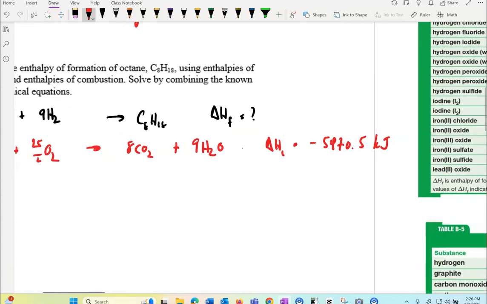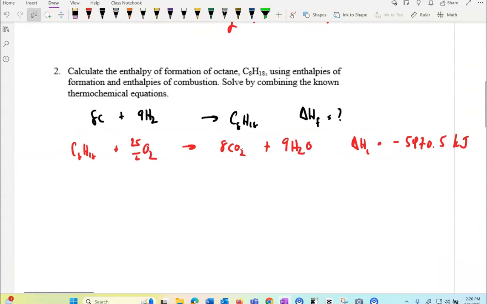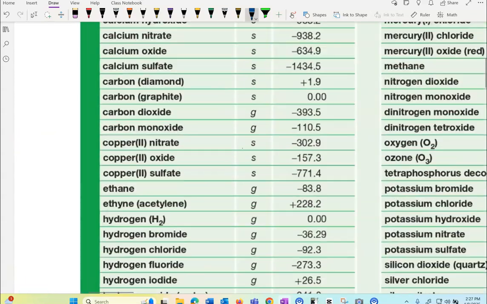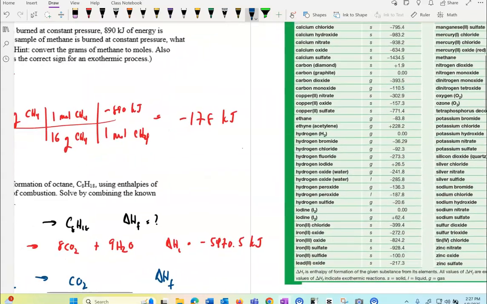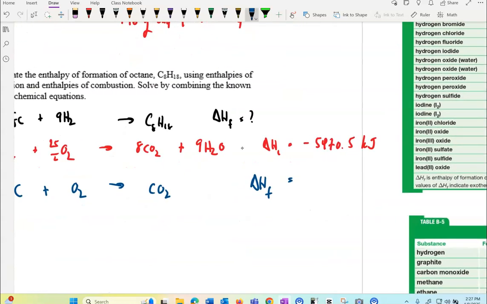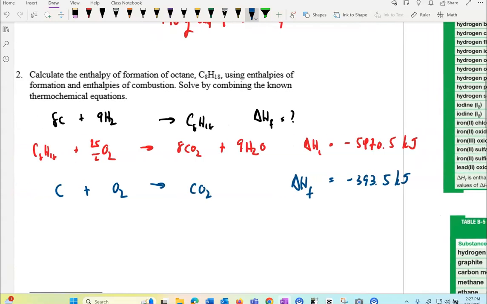Okay, let's write a formation equation for our carbon dioxide. We know from looking at our table here that the heat of formation of carbon dioxide is negative 393.5. Let's do the same thing with our water.